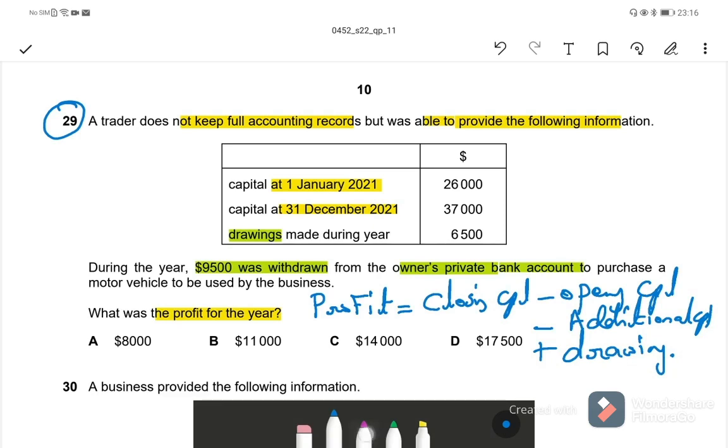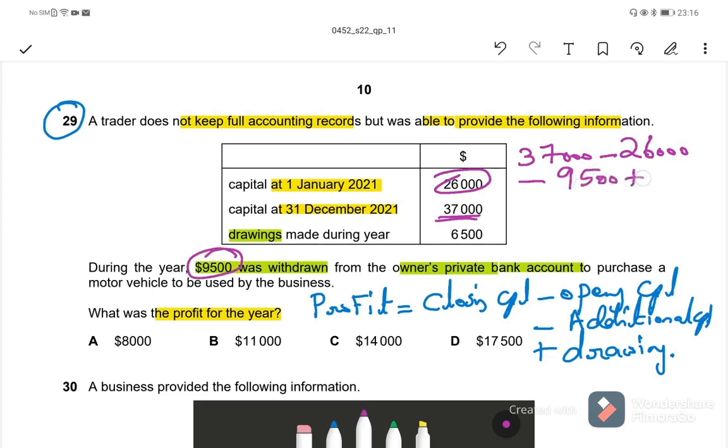So here closing capital is equal to 37,000 minus 26,000 minus additional capital, which is 9,500, plus what is the drawing? 6,500 should be added. Correct answer is 8,000. Option A is the correct answer.